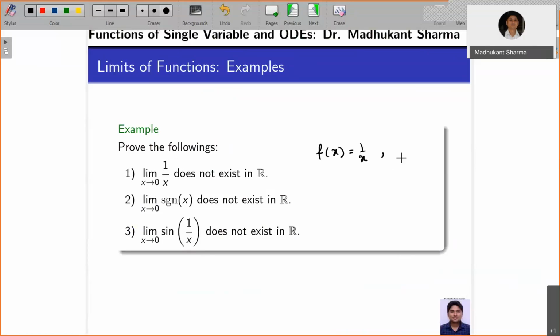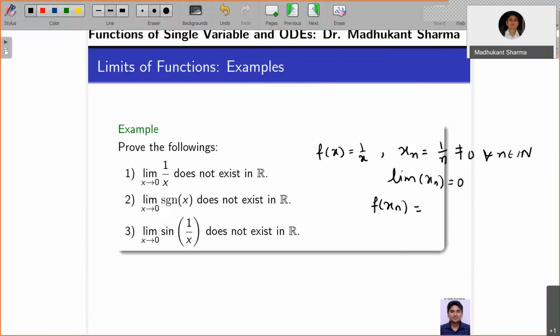For doing this, I'm going to create a sequence xn which is very familiar to us, that is 1 by n. Instead of this, you can go with 1 by n square and so on. So certainly xn is not equal to 0 for every n, and the limit of xn is 0. Now, what is f of xn?